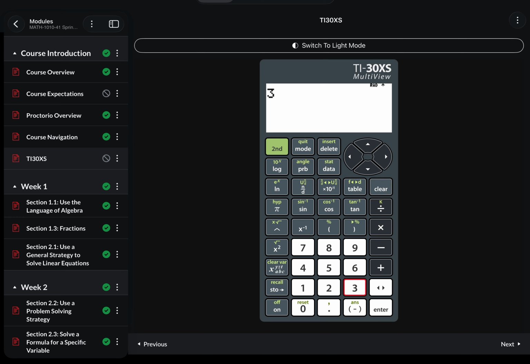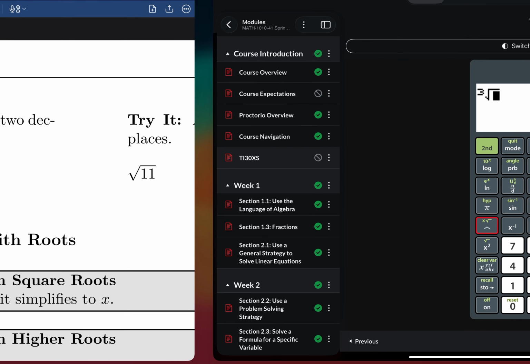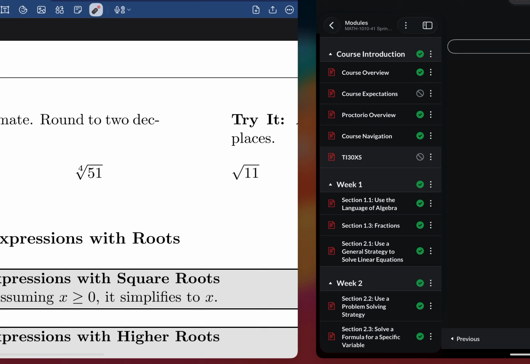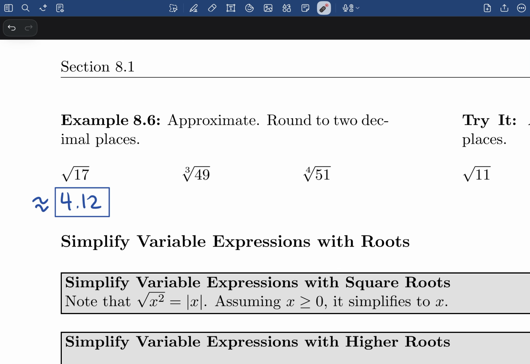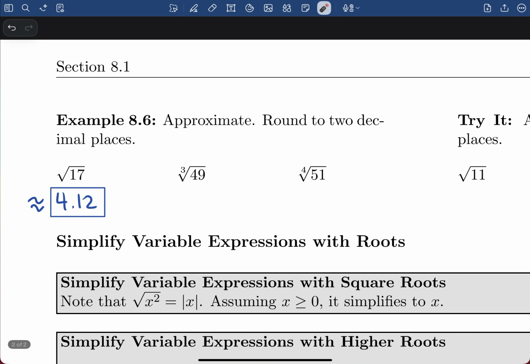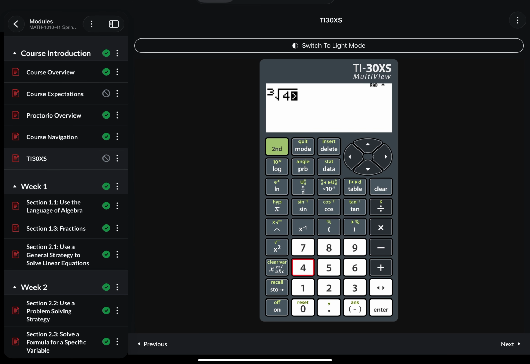This is a cube root, so I typed 3. Now I do second, and click on the X root button right there. Now I'm being asked to find the cube root of 49. I type in 49 and I get my answer.